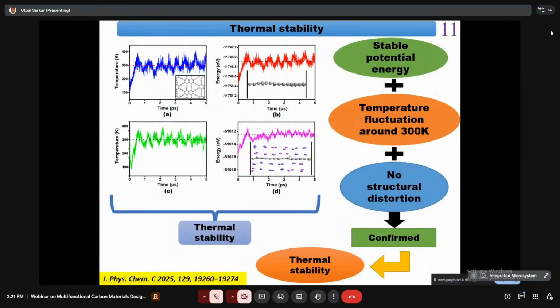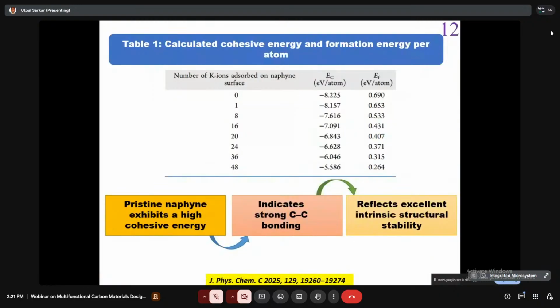So that means these systems are thermally stable. The thermal fluctuations are very small. You see, even after the absorption of 48 potassium ions on this naphthalene sheet, we found only a very small amount of structural distortion. That means the systems are thermally stable.